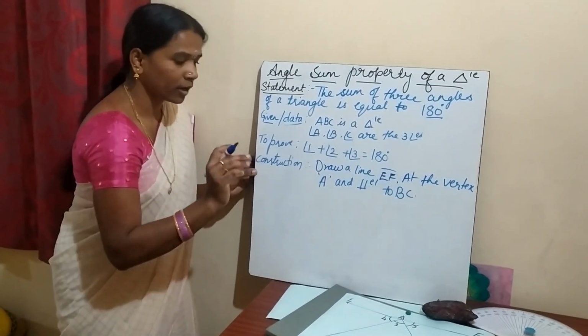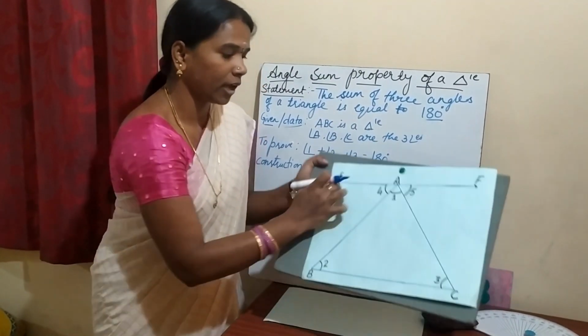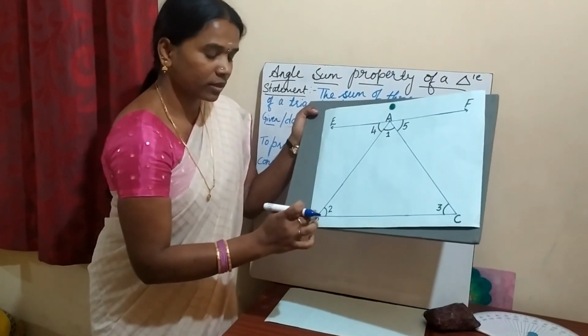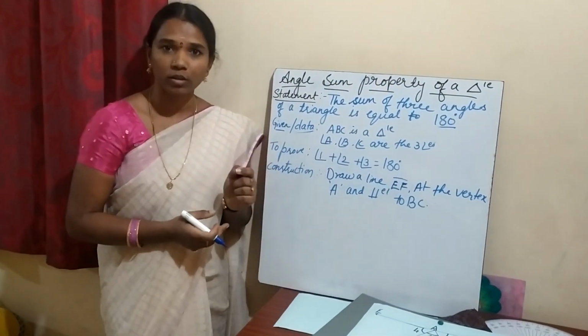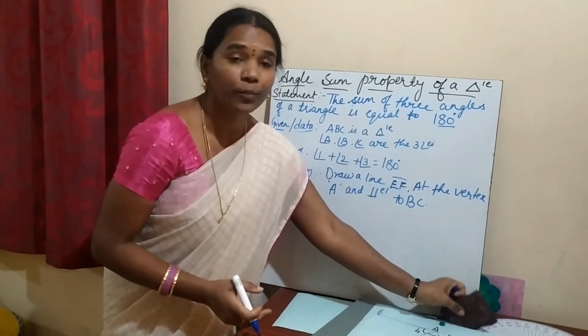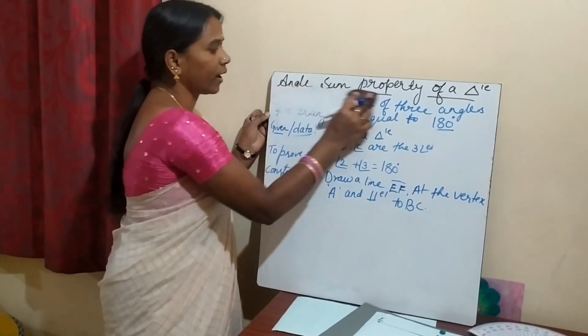We have drawn a line EF at the point A, which is parallel to BC. Now the climax of this video: the proof. So we are going to prove this. Fine, let's prove that.